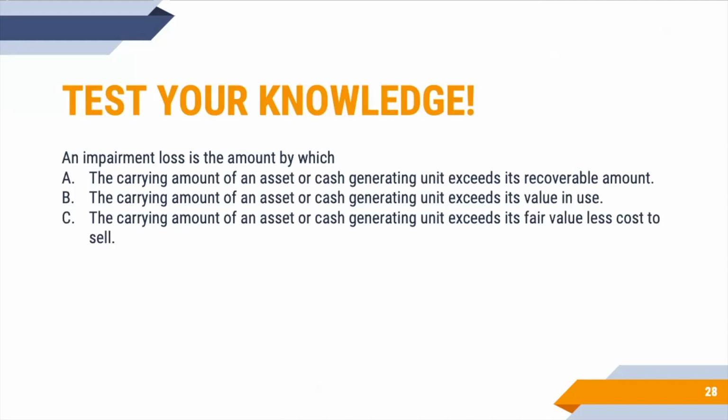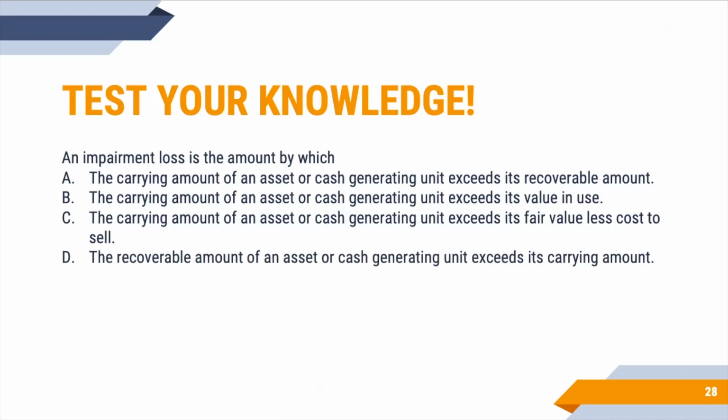C, the carrying amount of an asset or cash generating unit exceeds its fair value less cost to sell. Or D, the recoverable amount of an asset or cash generating unit exceeds its carrying amount. If you know the answer, please comment your answer sa video na to.